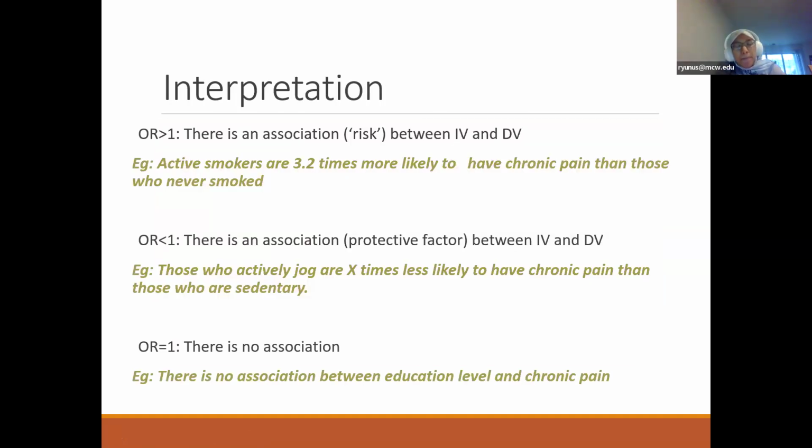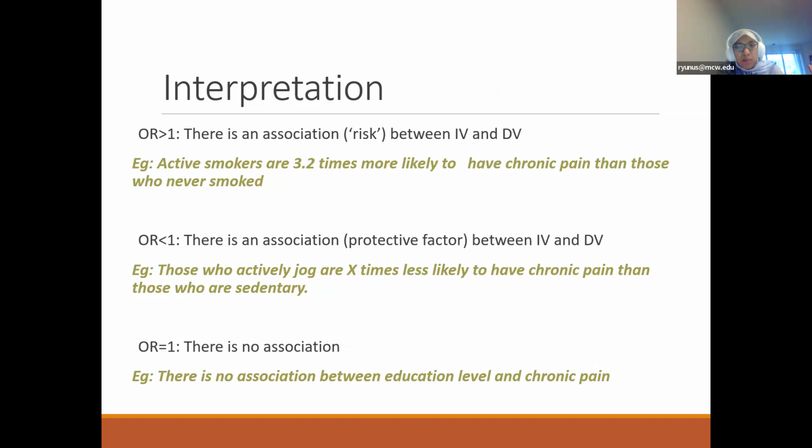When you calculate the odds ratio, you'll find that it's either equal to 1, more than 1, or less than 1. If it's equal to 1, and it's very rare that you get exactly 1 with your own data, but say that you get an odds ratio equal to 1, it means there's no association.